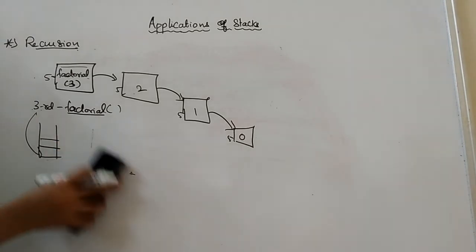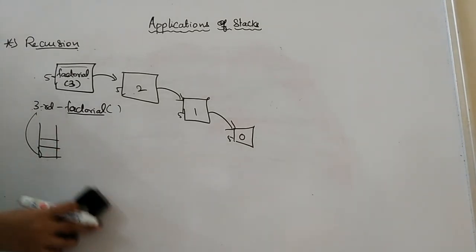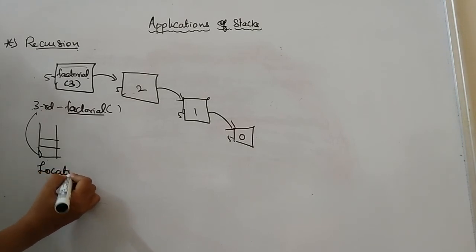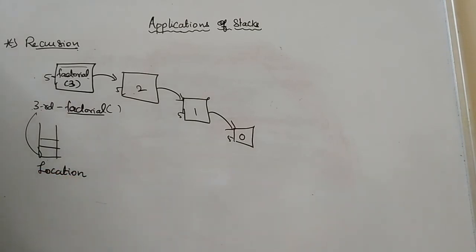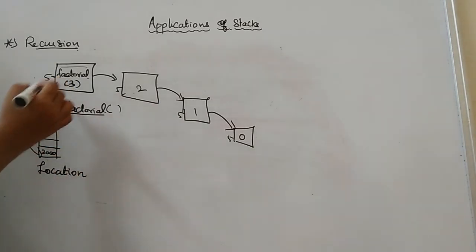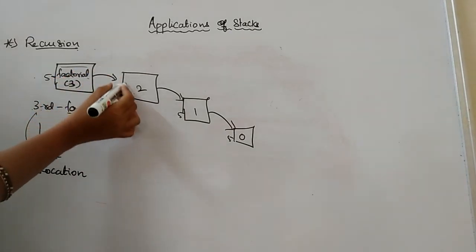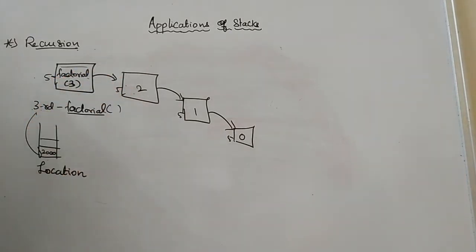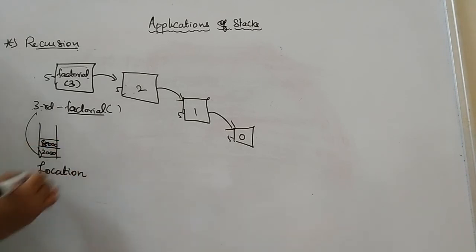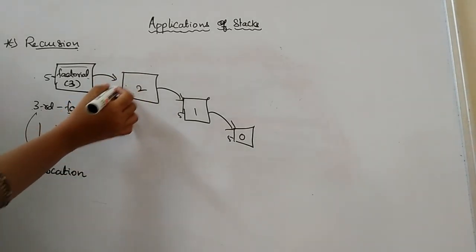In order to avoid confusion, we can name the stack as location. So the first location, just for example 2000, will get stored here. From the location 2000, it may be shifted to call the factorial of 2. Just assume it is the location 8000, and it executes all the statements.